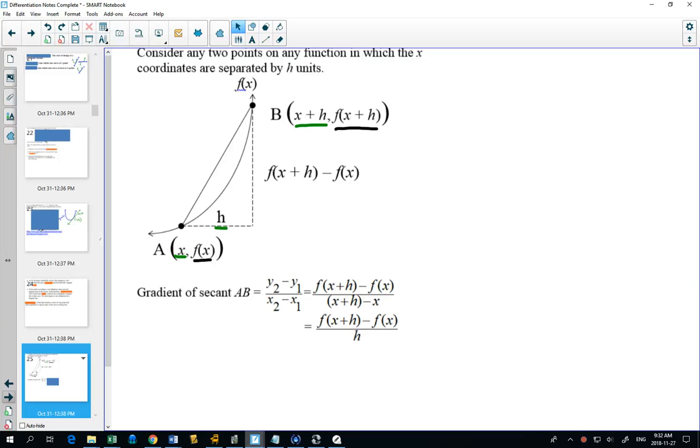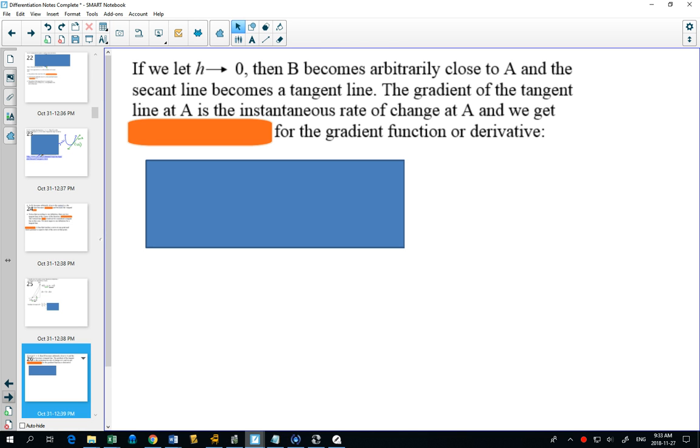What do we need to do to h to make the secant line closer to a tangent line? Move it closer. And what would happen to h as we moved it closer? It would approach 0. And so our definition of our derivative is we say, let's make h get close to 0.